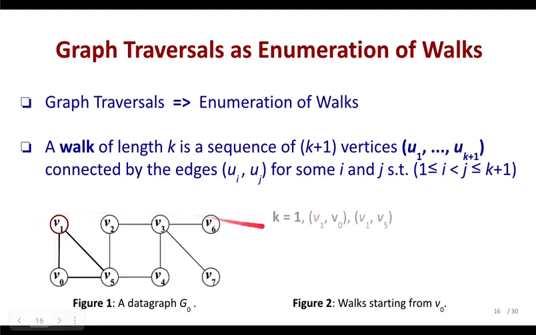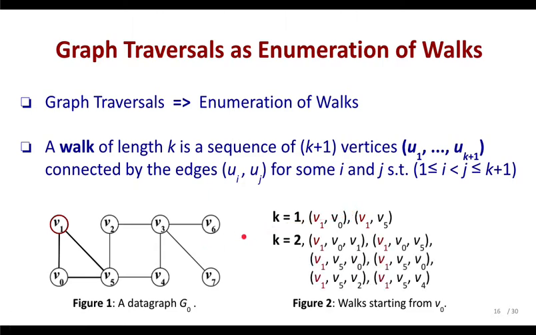Length 1 walks correspond to the direct edges from vertex 1 to vertex 0 and vertex 5. For length 2 walks, we go one hop further from the ending vertices of the length 1 walks, that is vertex 0 and 5, like this. These walks represent the graph traversals.